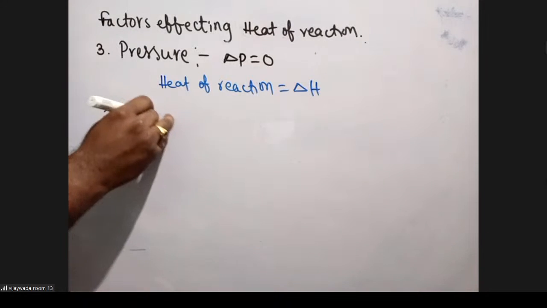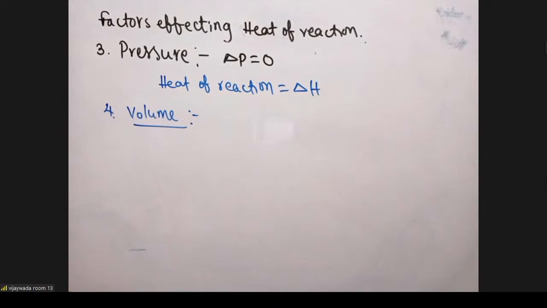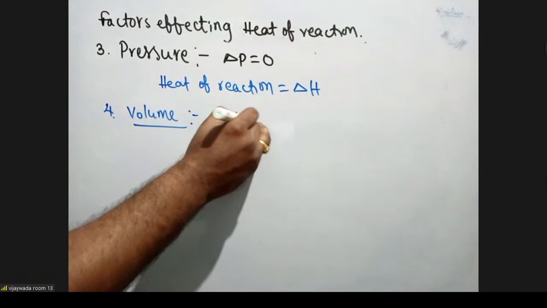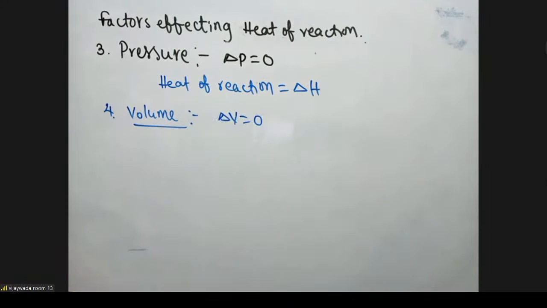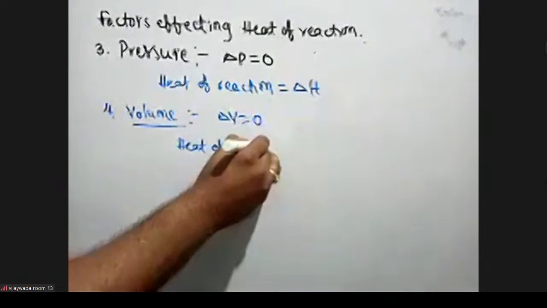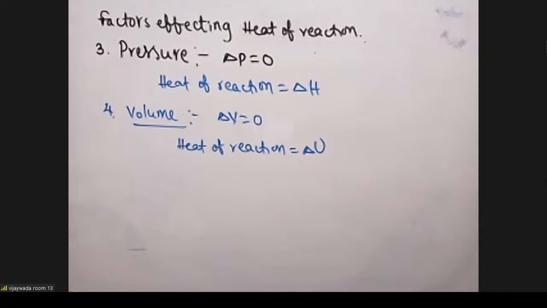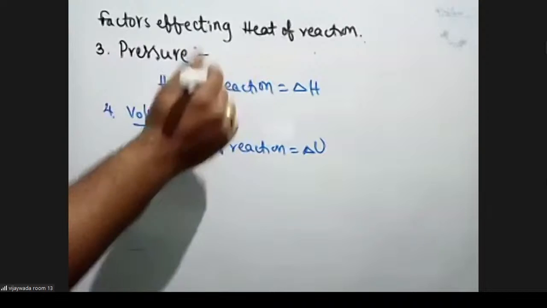And the fourth factor is volume. If volume is kept constant during the process, then delta V equal to 0. At constant volume, the measured heat of reaction is called delta U. Simply write: volume is constant, pressure is constant.